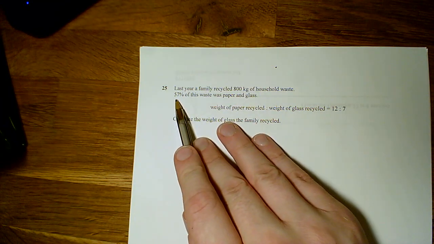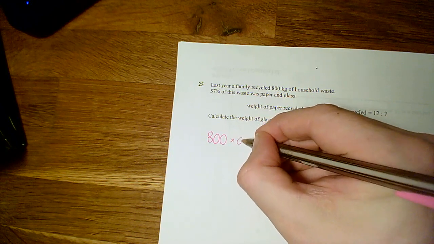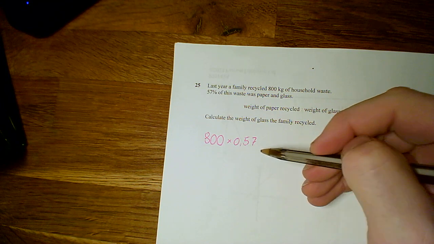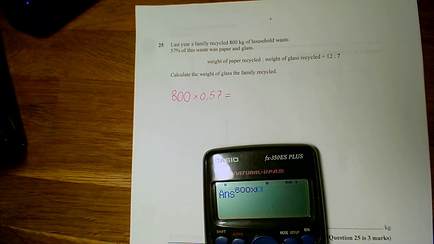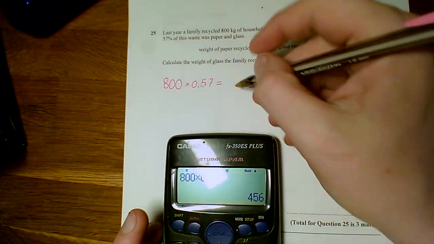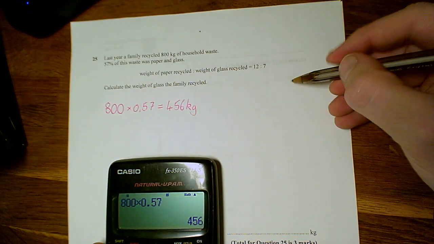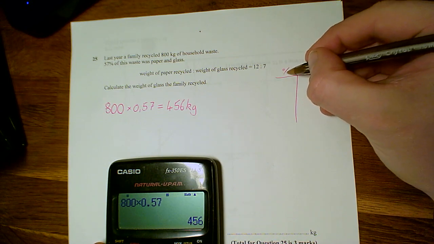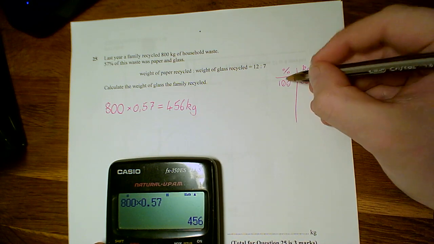The easy way to find 57% of something is to times by 0.57. Times by 0.57, we get there in one go. 800 times 0.57 is 456 kilograms. If you did decide to do yourself a table, grand, I have been encouraging you to do them. 100% is 800, and I want to get to 57.